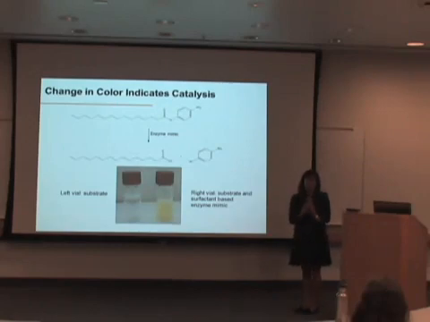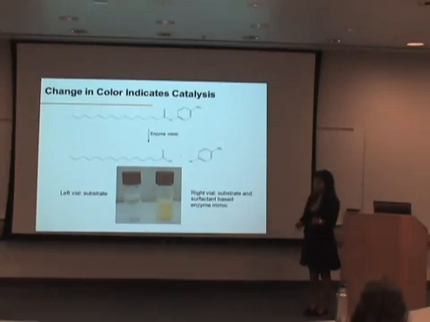So now that we have our actual enzyme mimic, we need to verify that it works and see how it works and try to quantify how well it works, basically. So this is our substrate, so our fat bond, basically, or the grease that you spilled on your shirt. And so this left vial just has our substrate, which in our case is palmitate.